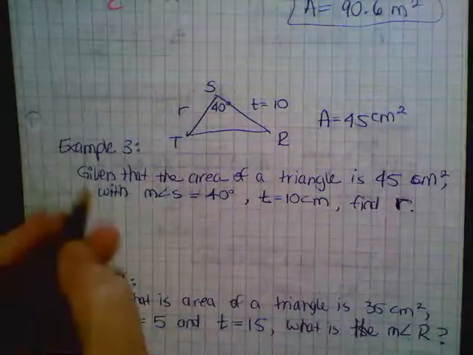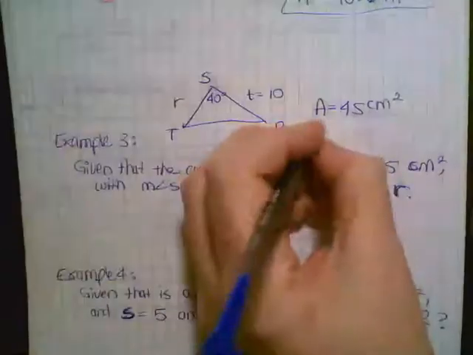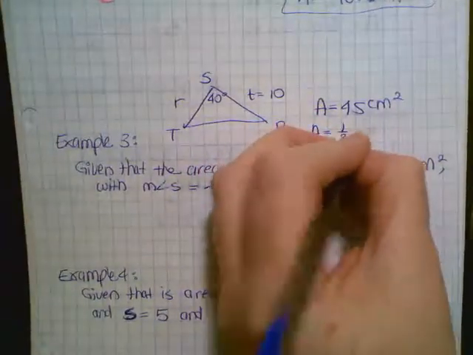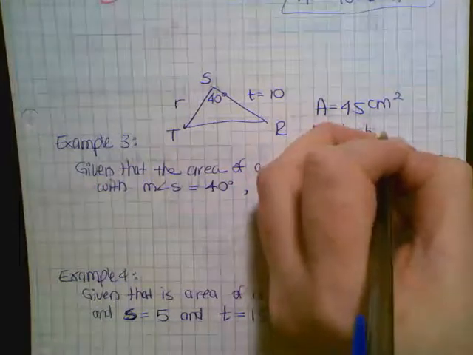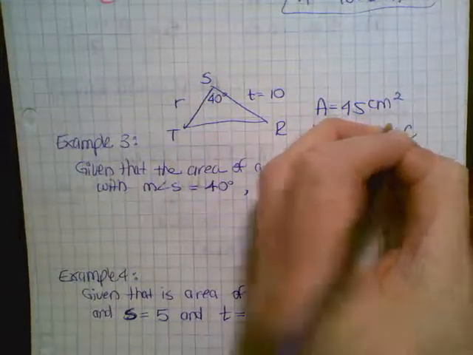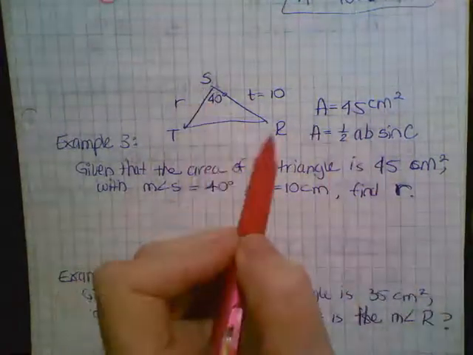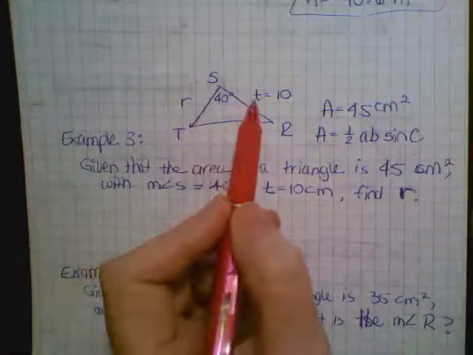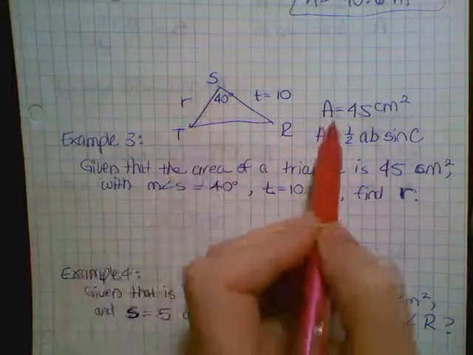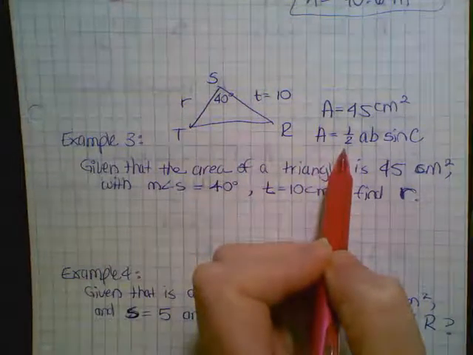So what I would do is plug into my equation, A is equal to 1/2 AB sine of C, because I don't have 3 sides, but I do have an angle, and then I know what the area is. So this is what I'm going to end up using.